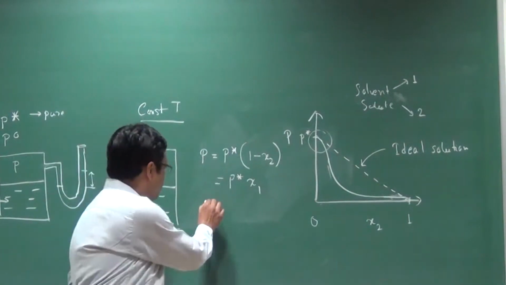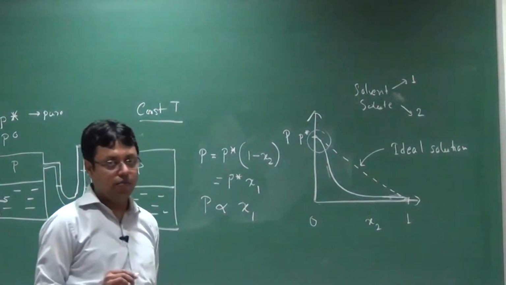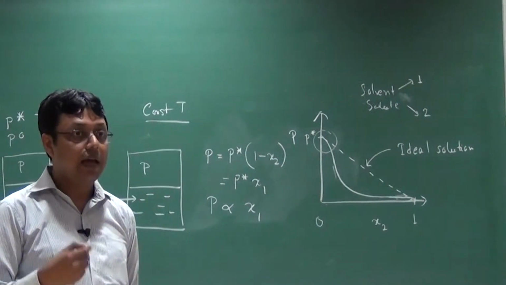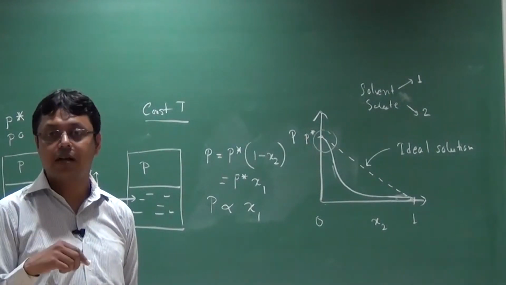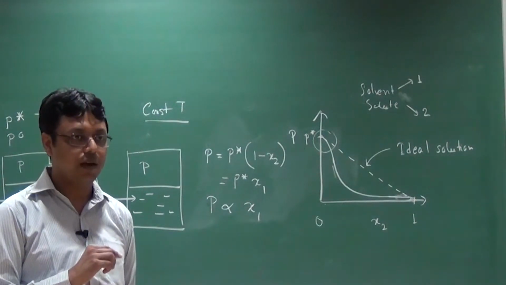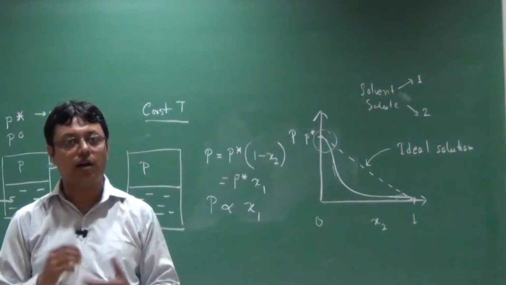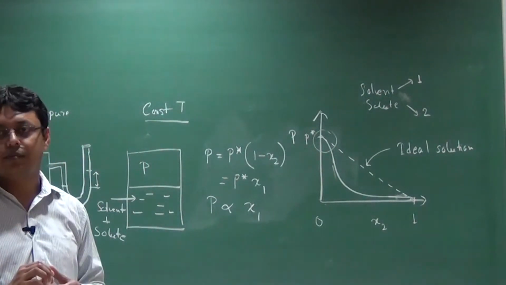Or the vapor pressure of a solvent in a solution is proportional to the mole fraction of the solvent. That is the meaning of that dotted line, which is a straight line, and that is Raoult's law.